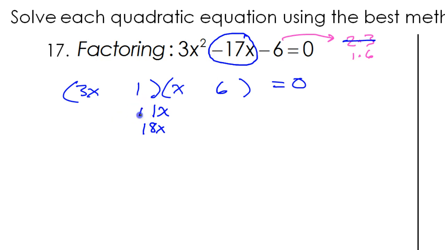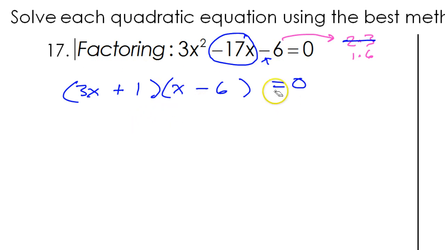If I had a positive 1x and a negative 18, that would make negative 17. So there's my positive 1, and a negative here would make negative 18. Always check to make sure you're getting the right sign on the last number. So positive 1 times negative 6 is negative 6, so we're good.